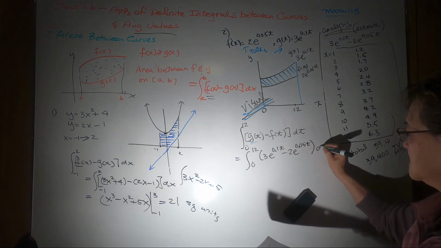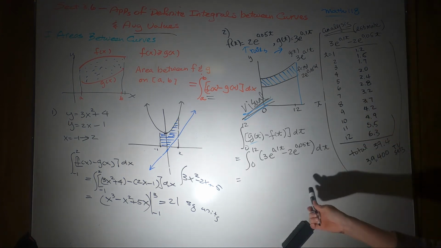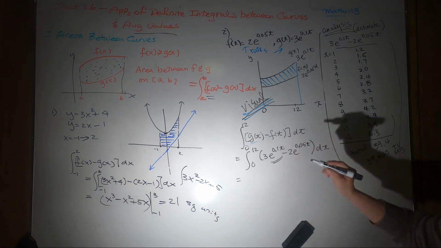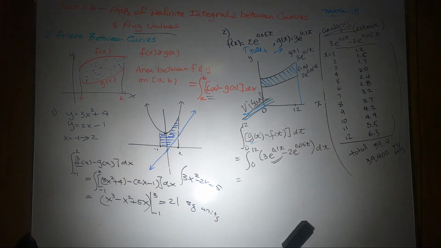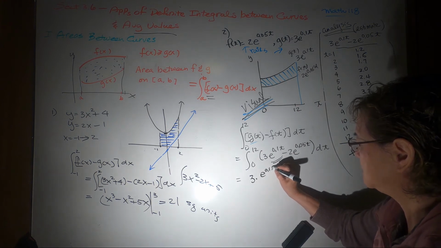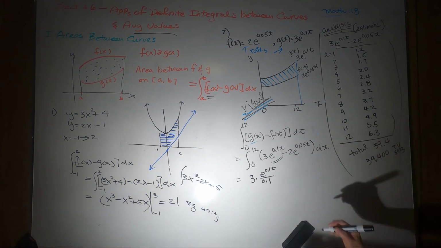2e^(0.05t) with respect to t, right? Then we use the sum and difference rule and what? Not the power rule now, it is the exponential function rule, right? Then you take the antiderivative, okay, which will be what? 3 times e to the 0.1t divided by 0.1, right?